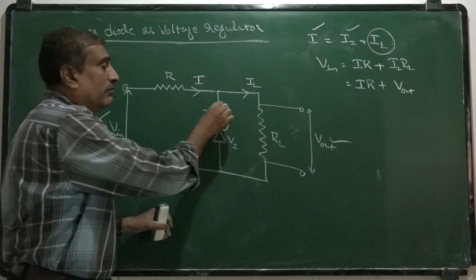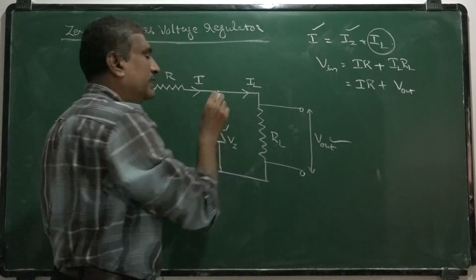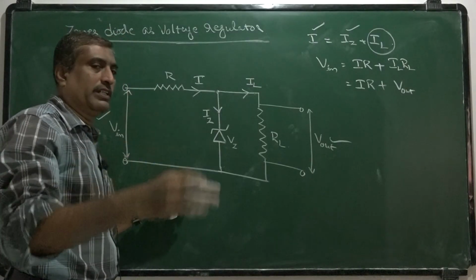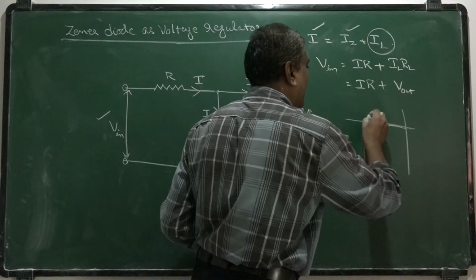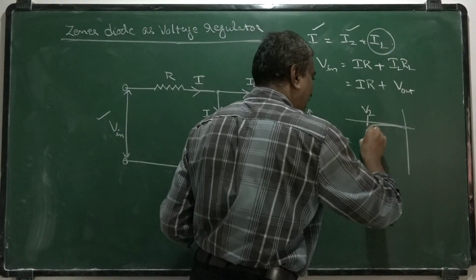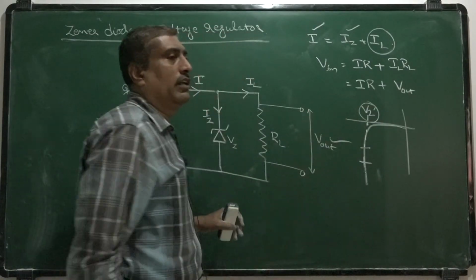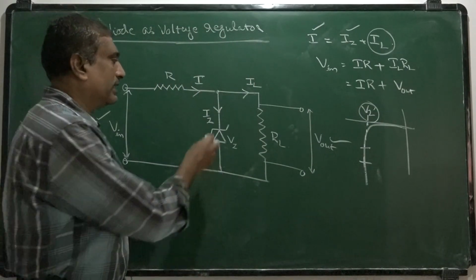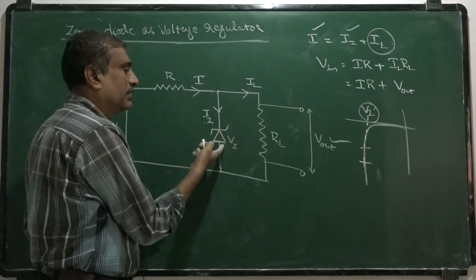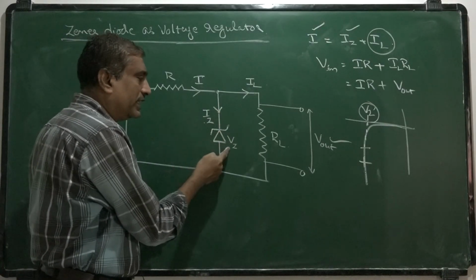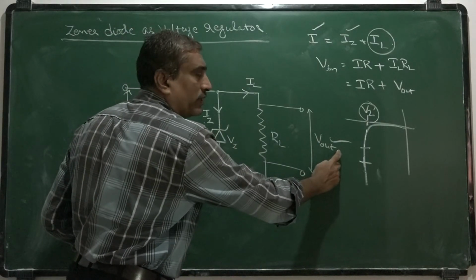What happens when IZ increases? At the breakdown voltage, as we know, the characteristic is like this. This is VZ. After VZ, if there is an increase in current, there is no change in the voltage VZ. So even if the current IZ increases, the voltage across this junction remains constant. If VZ is constant, then ILRL is constant, so the output remains constant.